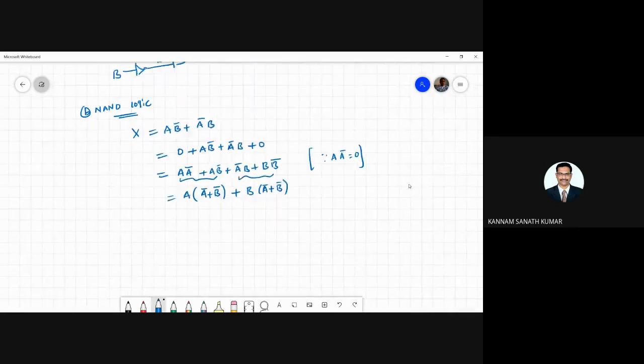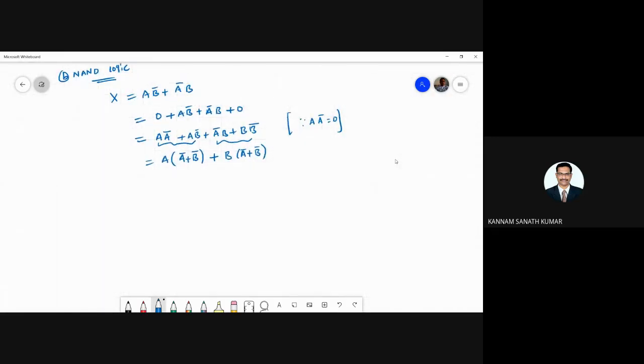Now from De Morgan's law, you can write this one as AB whole bar. AB whole bar equal to A bar plus B bar. This also you can write as AB whole bar.